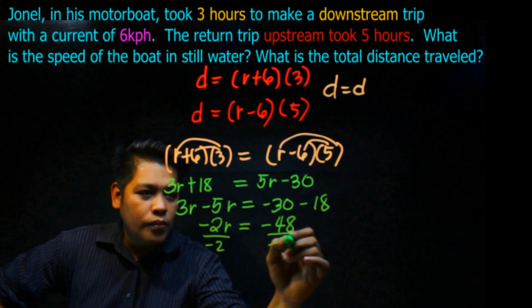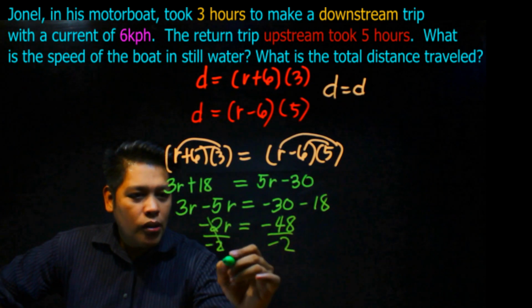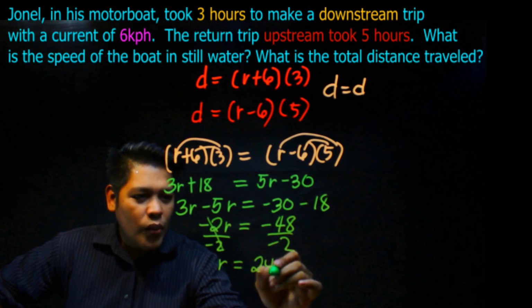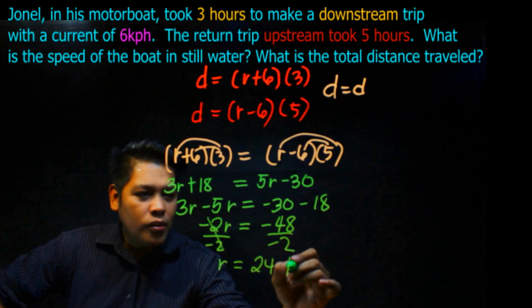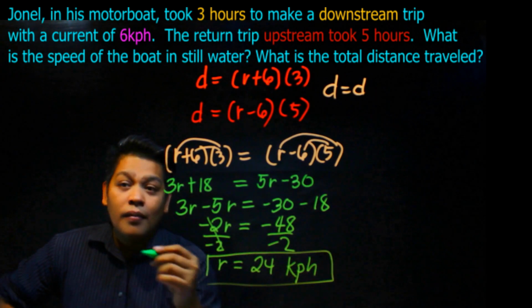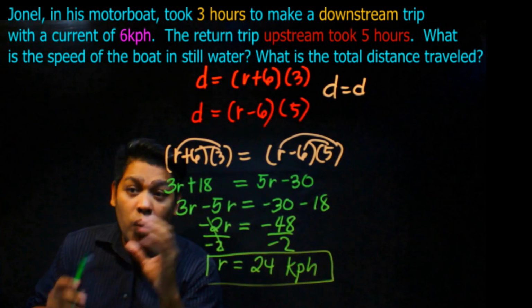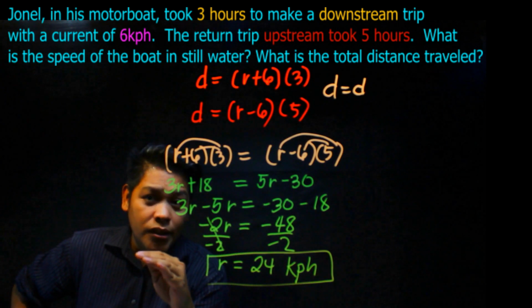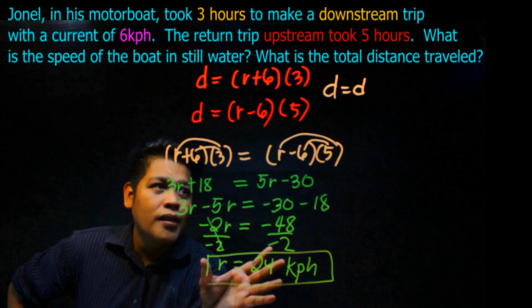Cancel to. So, R will be positive 24. So, ito yung rate ng boat ni Junel, 24 kilometers per hour.